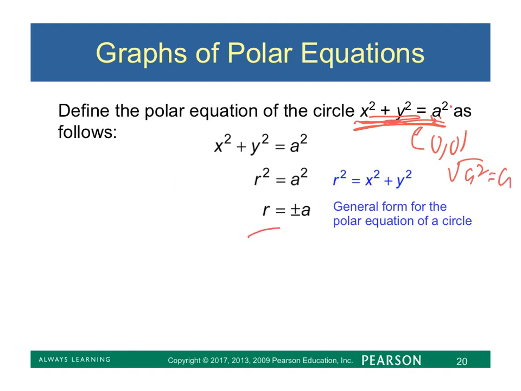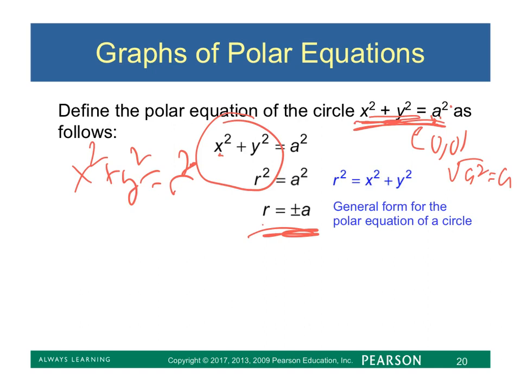Well, interesting. Look what happens here. If we know from substitution that x squared plus y squared is always r squared, check that out. Then you get r squared equals a squared. Well, I got the same kind of idea thinking right here. So if you were to just graph r equals 4, it's going to give you a circle.